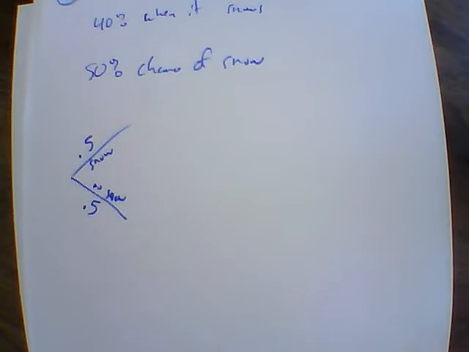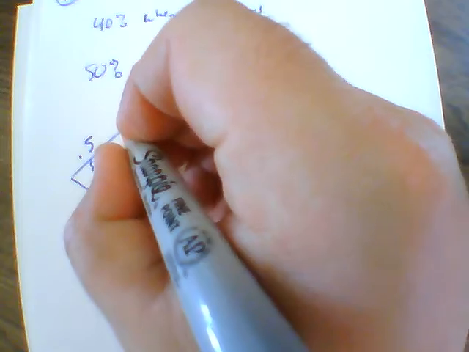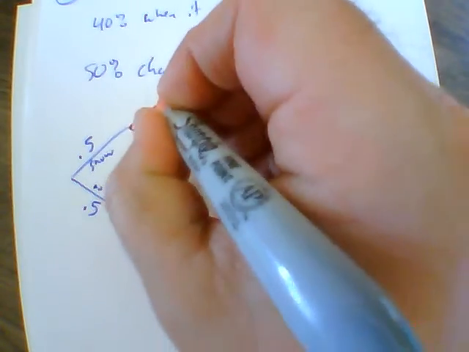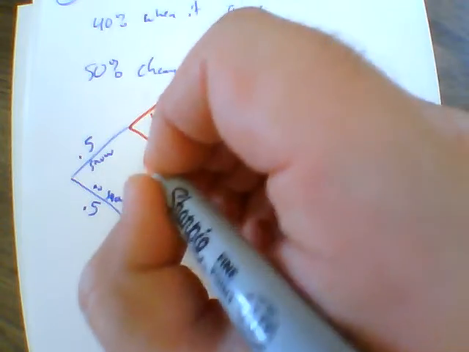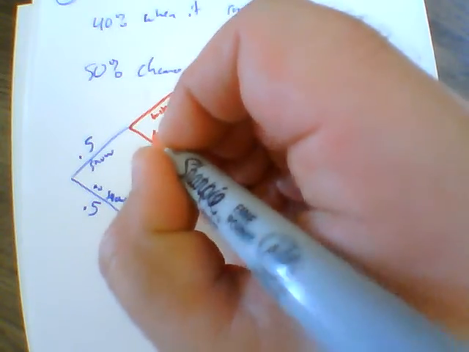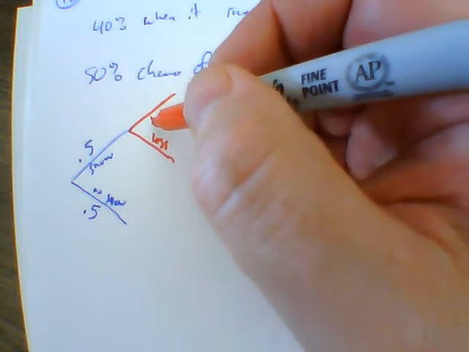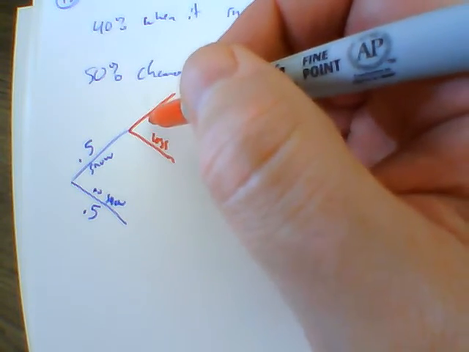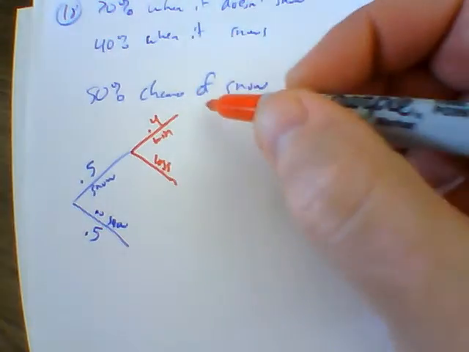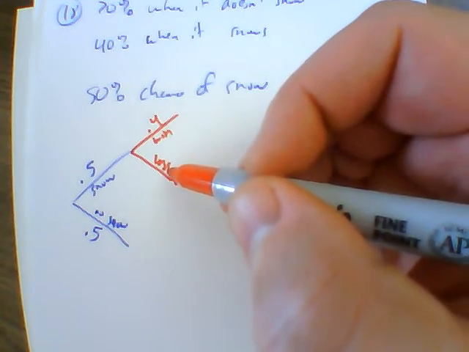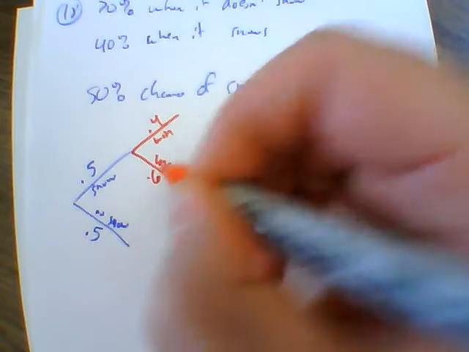Then we look at the football team. Let me come with a different color here so you can see that I'm now changing gears. If we look at this football team now, the football team's either going to win or lose. If it snows, the chance of that team winning is 0.4, meaning that the chance of that team losing is 0.6.